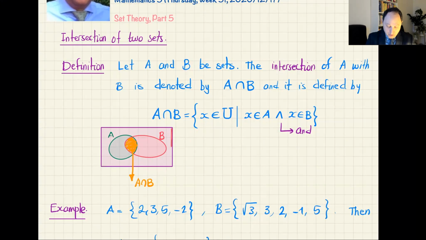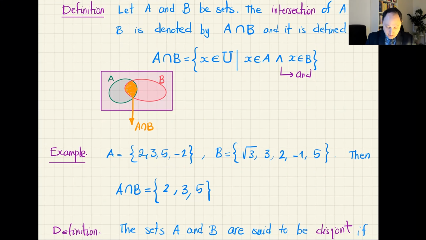So if this is my universal set and these are my sets A and B, by intersection I mean that part which belongs to both sets A and B simultaneously, and it is clear that this part represents the intersection of two sets A and B.